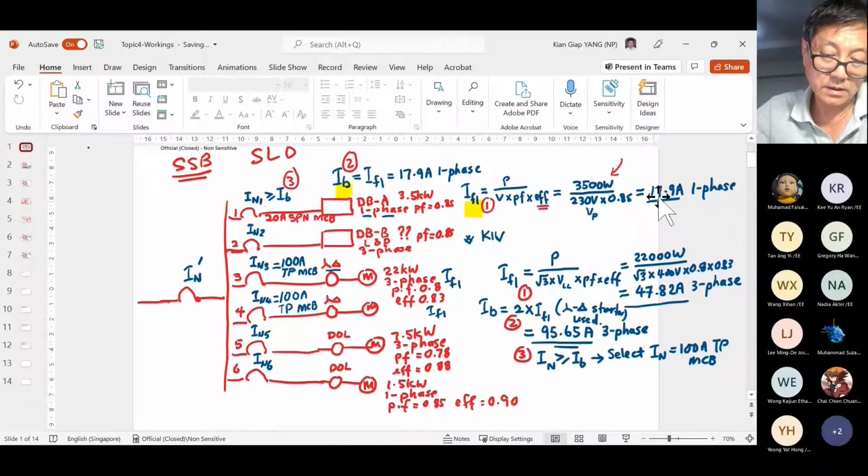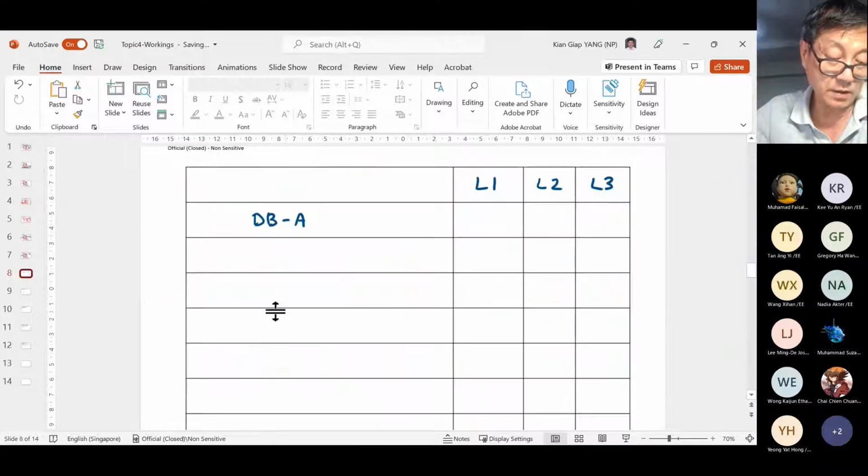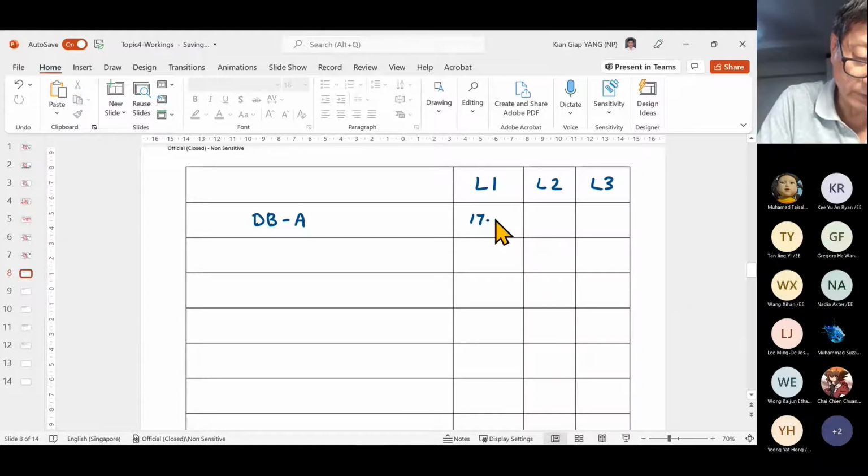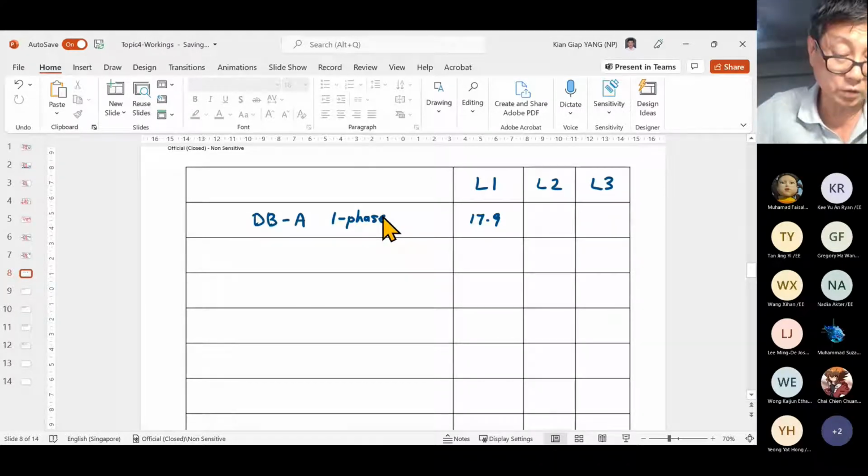How much was it? 17.9 ampere. So now I come here and I put 17.9 ampere, let's say in this phase, because this is single phase. Now there's a nice table in PBL 2.2. Actually, I should be using that one, but since I have drawn here, I will continue. So this is circuit number 1.